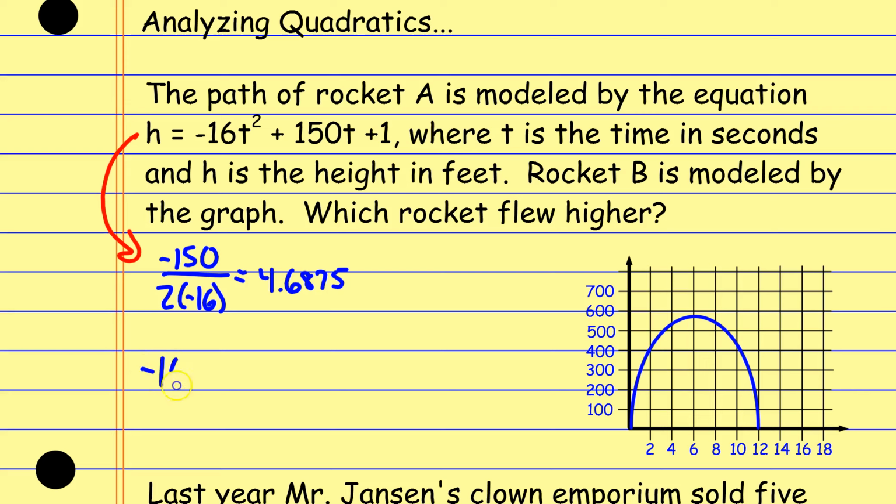And then from here, we just have to plug that thing back in. Obviously, I wouldn't recommend plugging this in your head. We're going to plug this back into our equation. We're plugging this guy in for x because we want to find the y value. When we think about interpreting this thing, really what we've found is the time that it takes to reach the maximum height. Now I need to find out what the maximum height actually is by plugging this thing in.